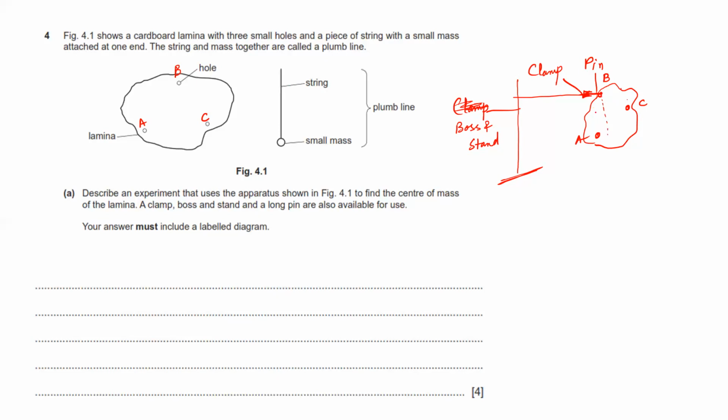Sorry, let me draw this thing in a much better manner. So this is my hole A, this is my hole B, and suspend my plumb line from here. Okay, so this is how my plumb line looks like.